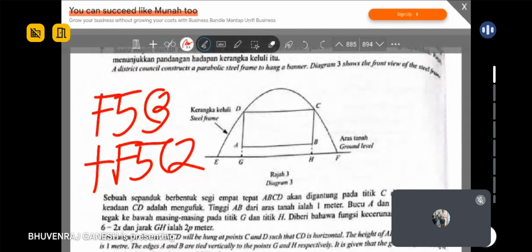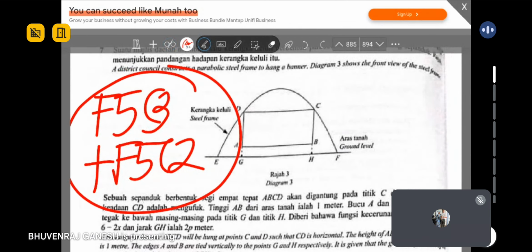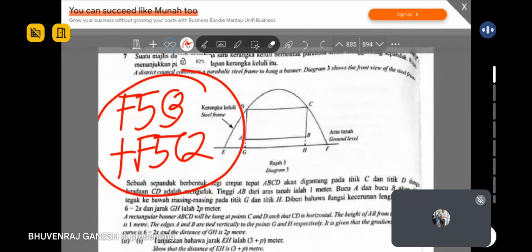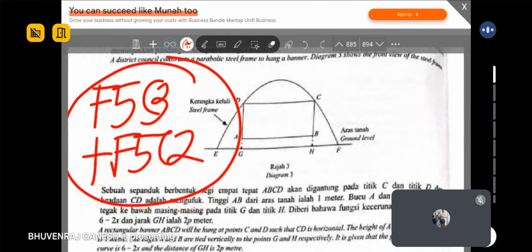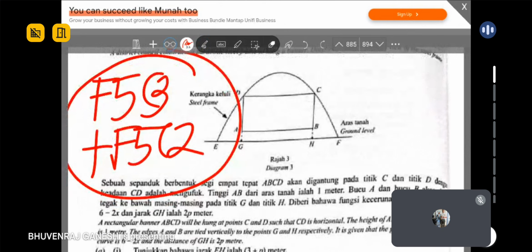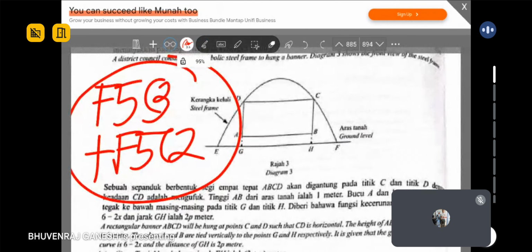Guys, do you all know why I ask you this question? Kenapa saya tanya kamu soalan ni dari bab mana dan tingkatan berapa? Why I ask this is because whenever you think what chapter it is, the information regarding that chapter will come to your mind.